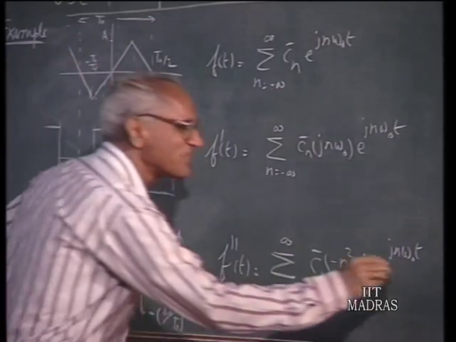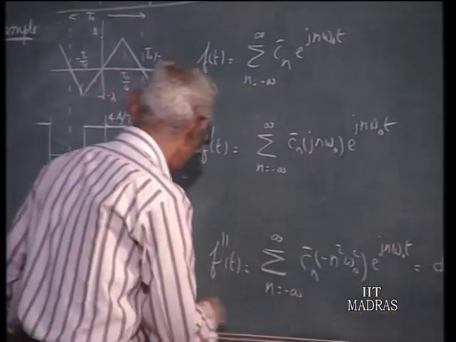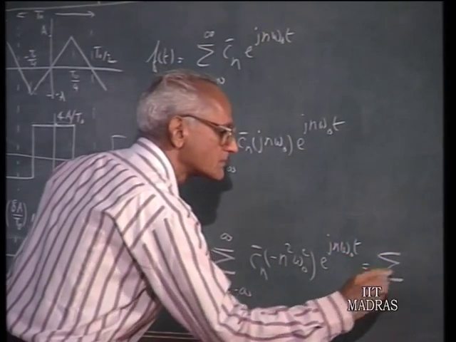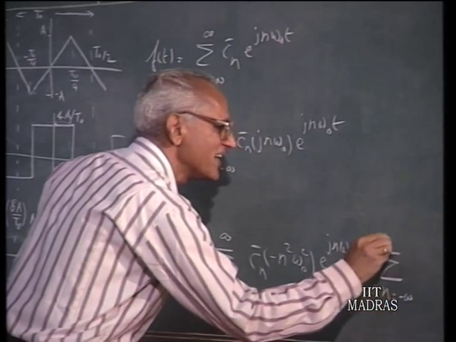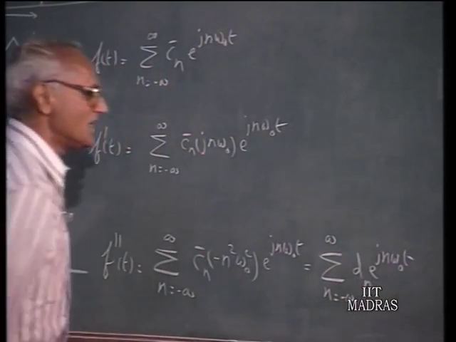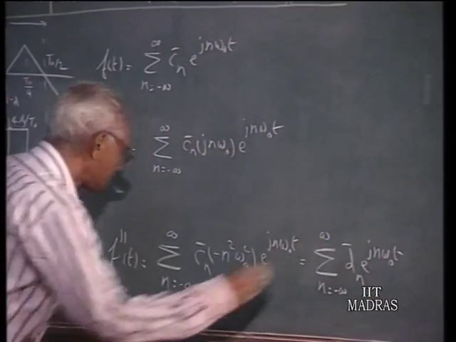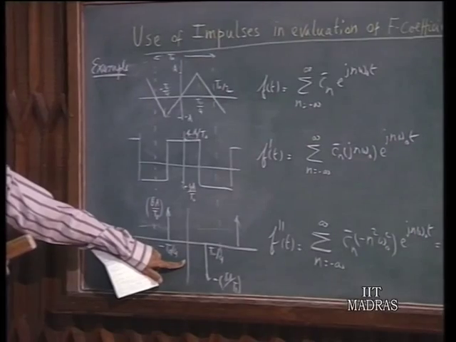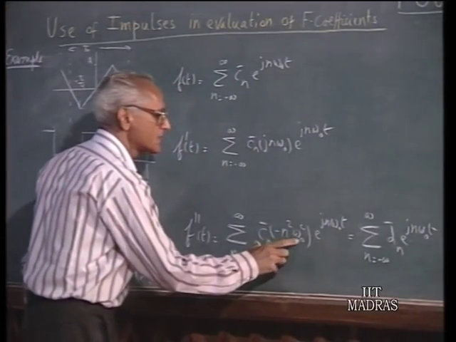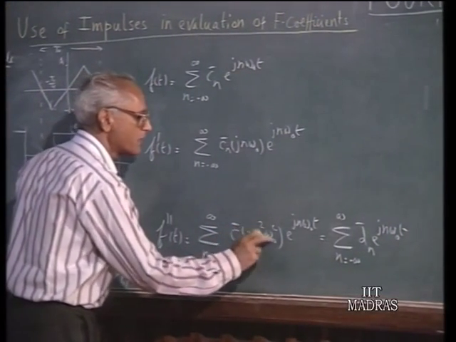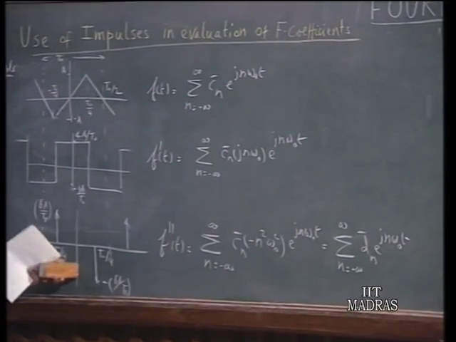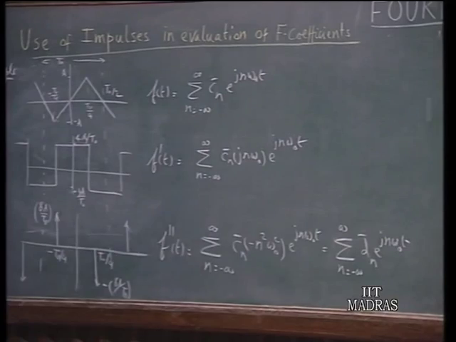Let us call this Fourier coefficient for this to be dn. N from minus infinity to plus infinity of dn e to the power of Jn omega naught t. So if you calculate dn for this periodic function having impulses, then we know dn and Cn are related by this: Cn times minus n squared omega naught squared is dn. So that is the plan of action. We would find out the Fourier coefficient dn and then find out from that Cn.